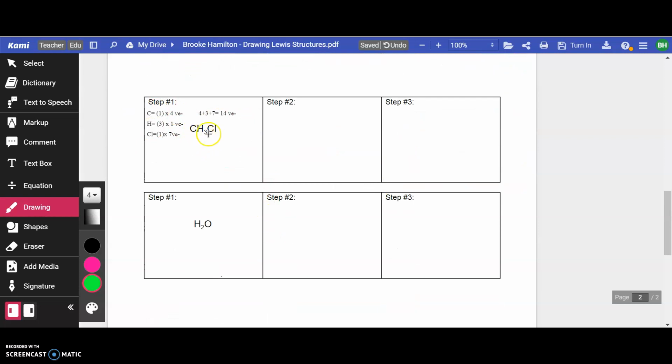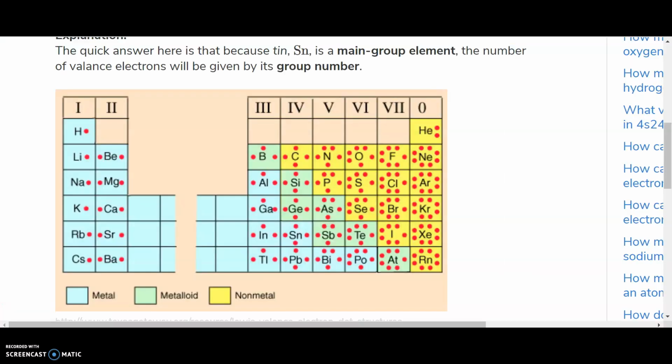Our next one, CH3Cl, has 3 different atoms in it. We have carbon, hydrogen, and chlorine. We know that because every capital letter is the start of a new atom. So Cl on the periodic table, capital lowercase, is going to be chlorine. Carbon is in group 14, hydrogen group 1, and chlorine group 17.